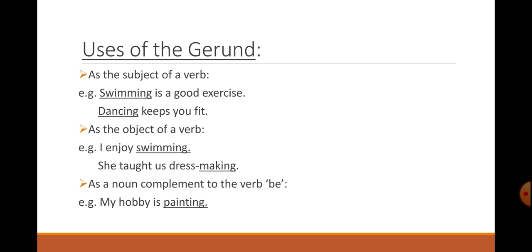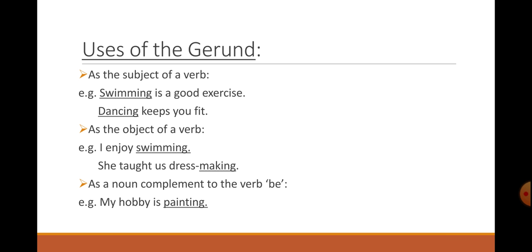Let's see what are the uses of the gerunds. Gerund can be used as a subject of a verb, as an object of a verb, as a complement to the verb. Let's see first as a subject of a verb. For example, swimming is a good exercise.